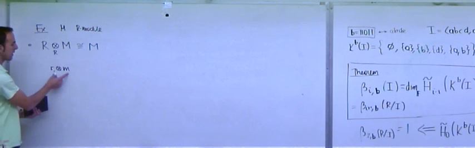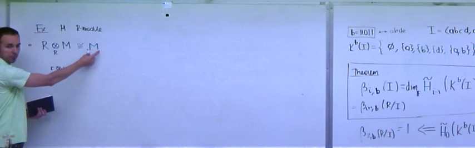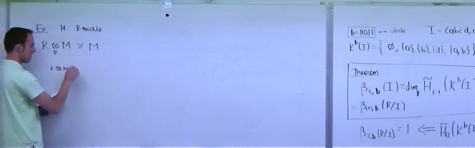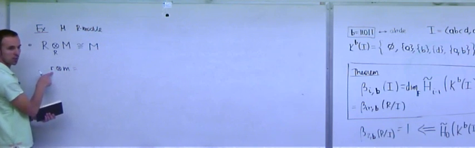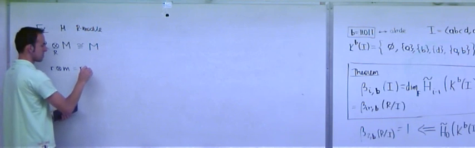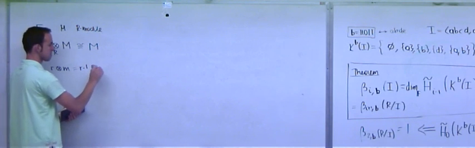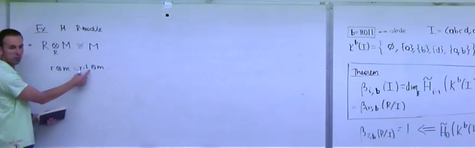And somehow I want to get out of this a single element of M. What I can do is the following. I can say that r is equal to r times 1, because this is an operation in the ring.